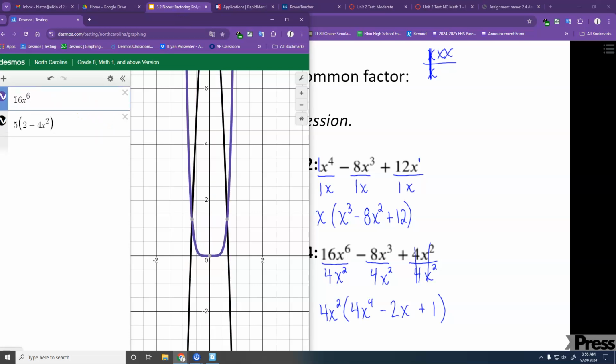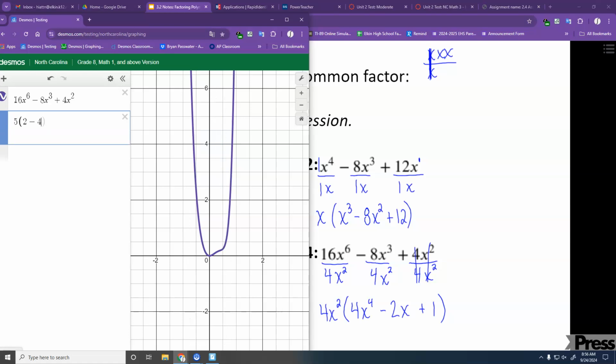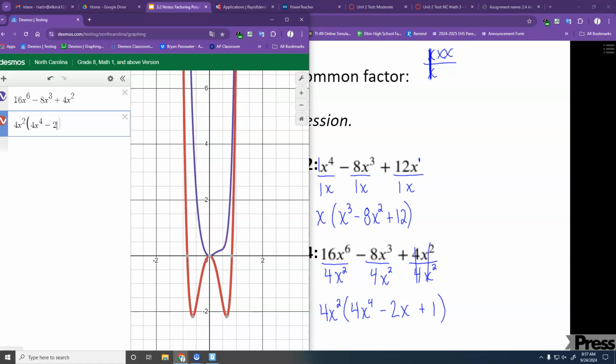16x to the 6th minus 8x to the 3rd plus 4x squared. And then down here, we got 4x squared times 4x to the 4th minus 2x plus 1. And you can see those two are the same graph.